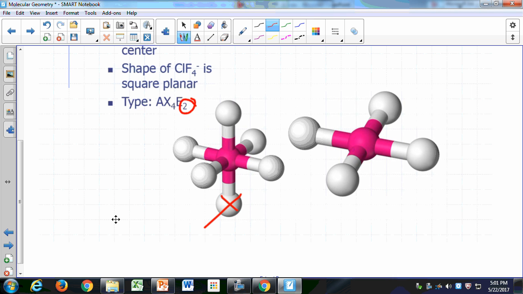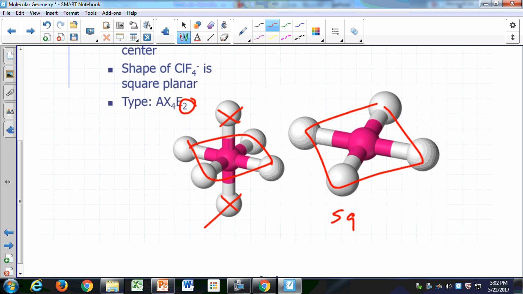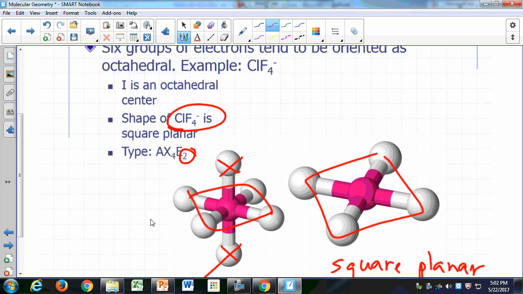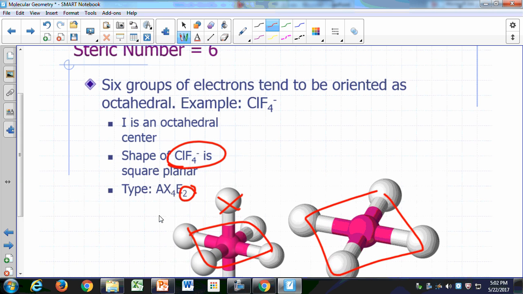The second lone pair will take the position that's opposite the first lone pair. So what's left behind is a square planar shape. So the ClF4 minus ion will have a square planar shape. It's type AX4E2.